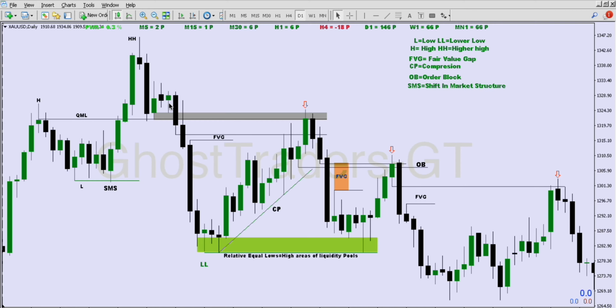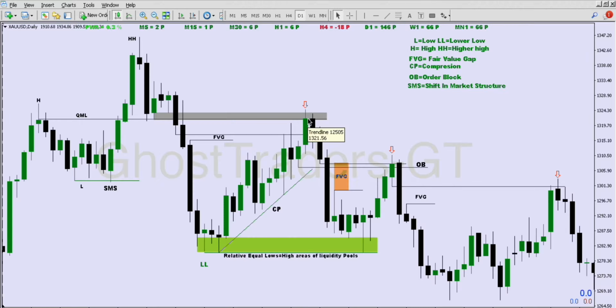Therefore, this is an order block, not this one. So we have an order block at this level lining up with our QML level. And then we say an order block without a fair value gap is invalid. It's not tradable because it doesn't have high probability chances of being successful.